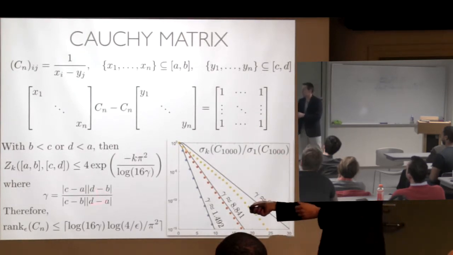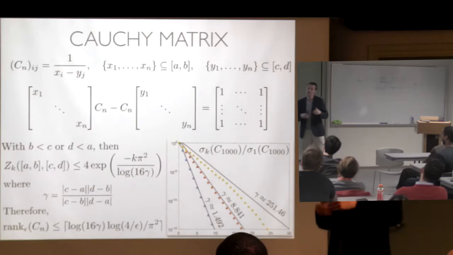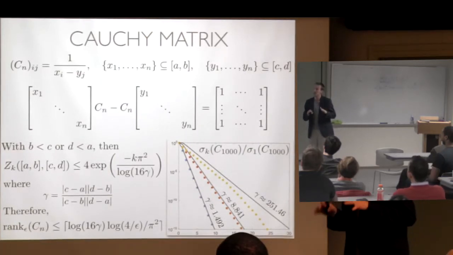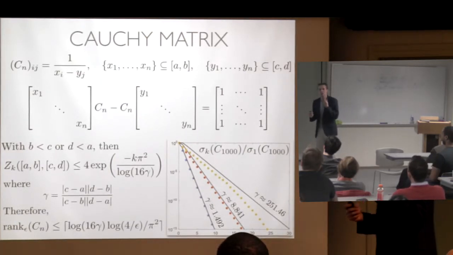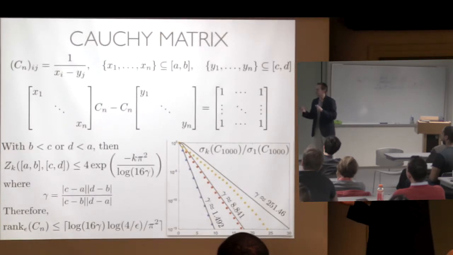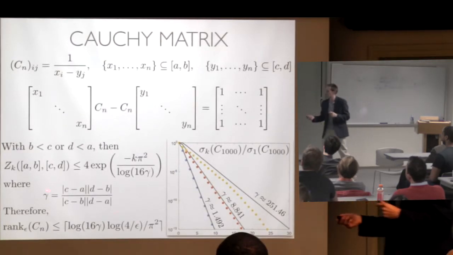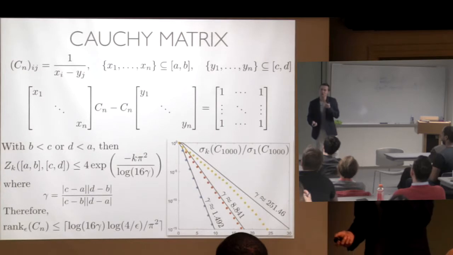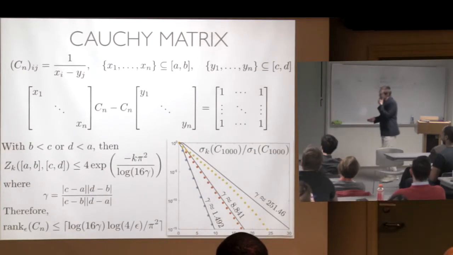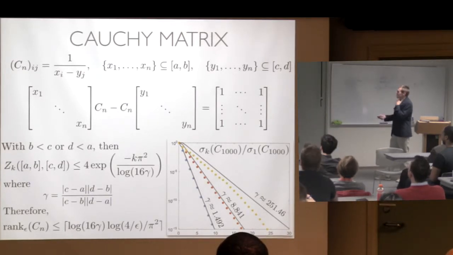And here I didn't get the minimum separation distance. I got this thing called a cross ratio, which is a very different quantity. And I thought, okay, I can actually improve the fast multipole method a little bit by using this. Turns out the fast multipole method was actually already using this. So I don't know how they knew about that. But you can see how tight the bounds are for different intervals.